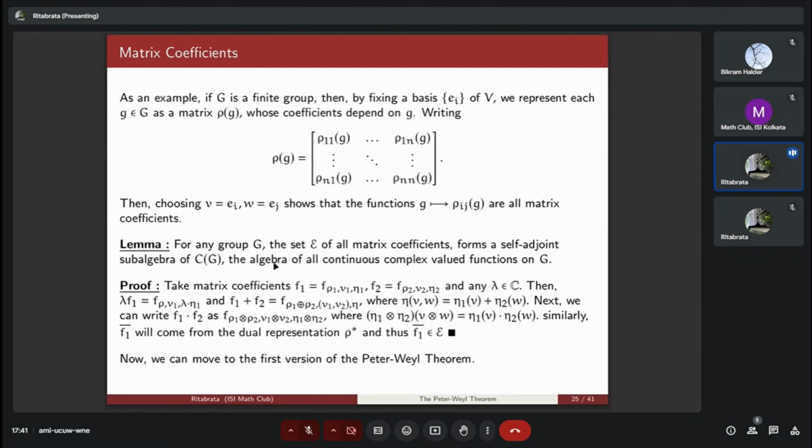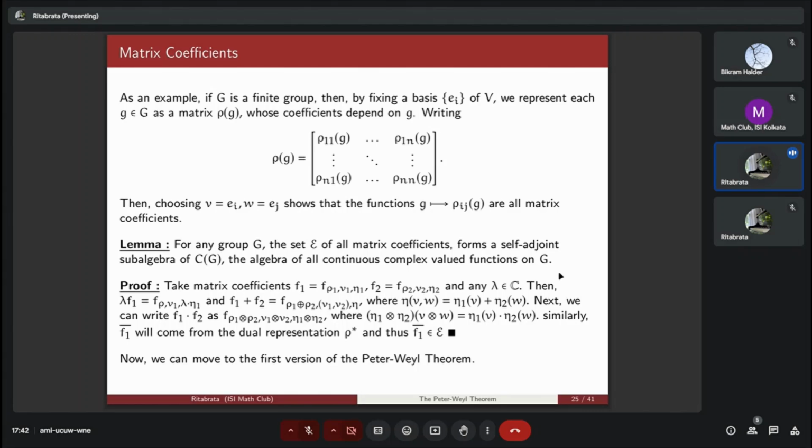We can show that f1 plus f2 is obtained by the representation rho 1 direct sum rho 2 with the choice of vectors v1, v2, and eta prime is basically the linear functional which takes (v, w) to eta1 of v plus eta2 of w. It shows that if f1 and f2 appear as matrix coefficients, then f1 plus f2 also appears as a matrix coefficient. It comes from the respective direct sum of the representations.